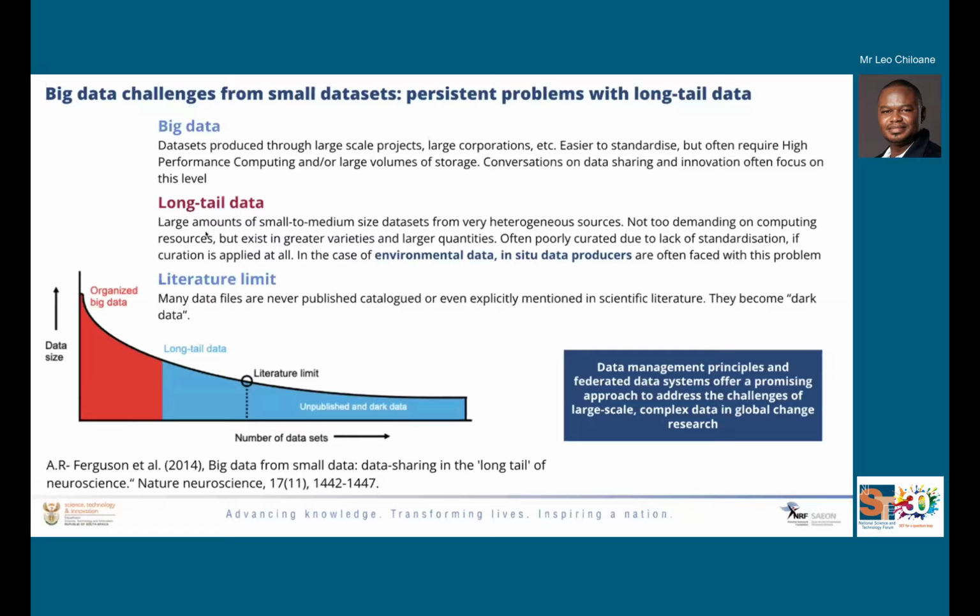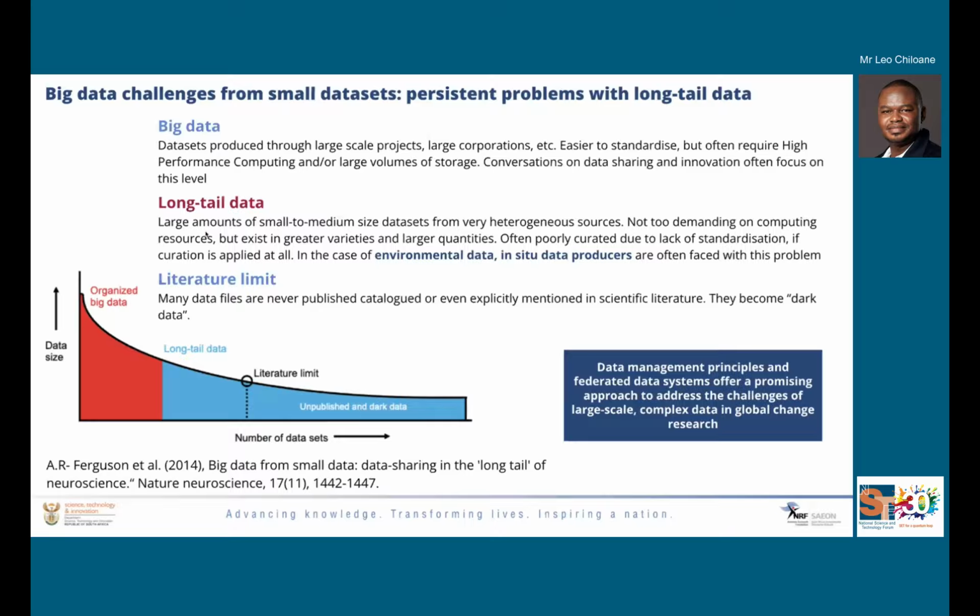And then in situ data producers are often faced with this problem of trying to harmonize data sets from different data streams. But there is an added layer as well, especially when you start looking at long-term data sets, where some historic data may exist somewhere, but it was never published in the past.